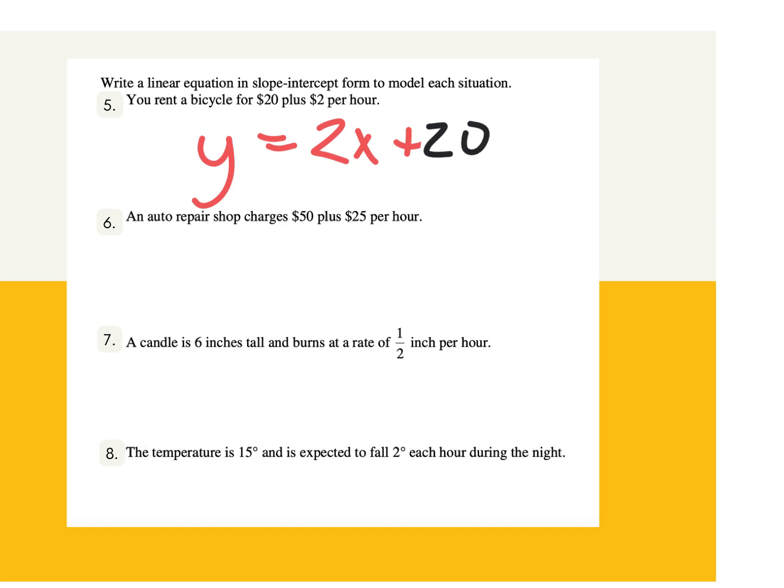There you go. 20 plus $2 for each hour. The X could be H for hours. Whenever they say slope-intercept, you've got to know it looks like this, one of these kind. And that means you'll have to find the slope and you'll have to find the minimum amount or the y-intercept.